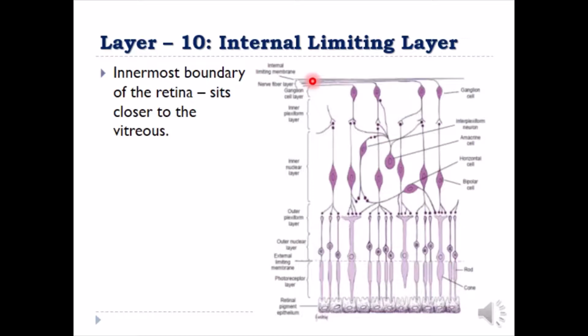So that is the layer at which the retina is ending. You have your choroid, you have the retina, and you have the vitreous. The membrane separating the vitreous from the different retinal layers is the internal limiting membrane or internal limiting layer.